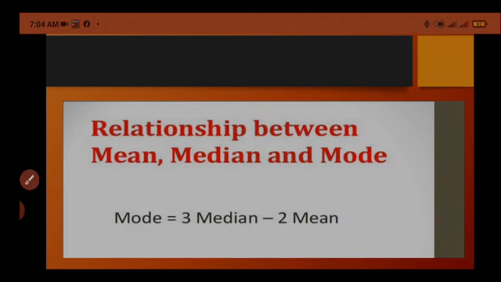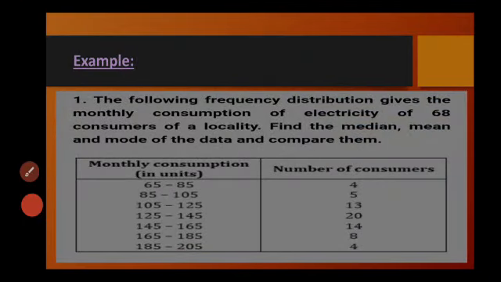Okay? These all three things we will understand with an example. So we are taking a model question, and through this question we will find all the three things: mean, median and mode. So that we will understand properly how we use the formulas.